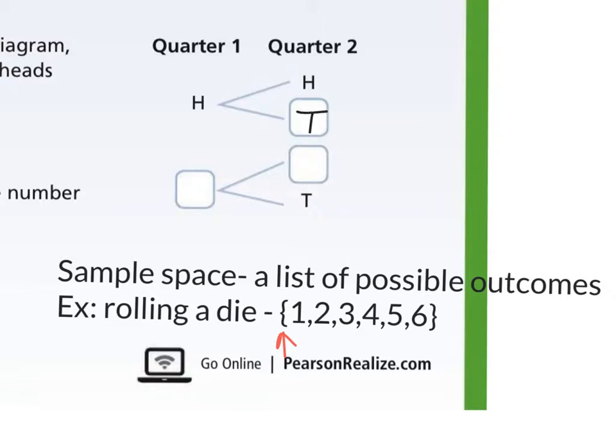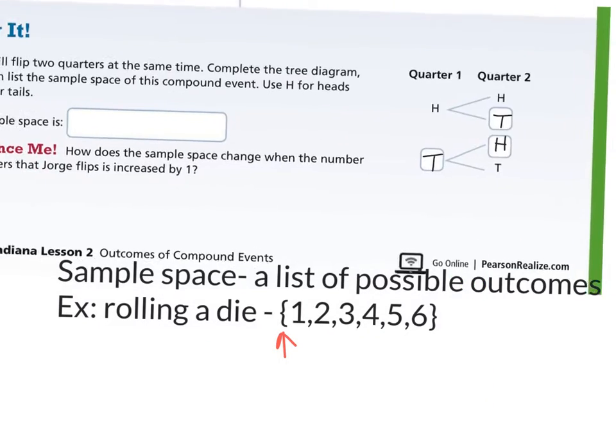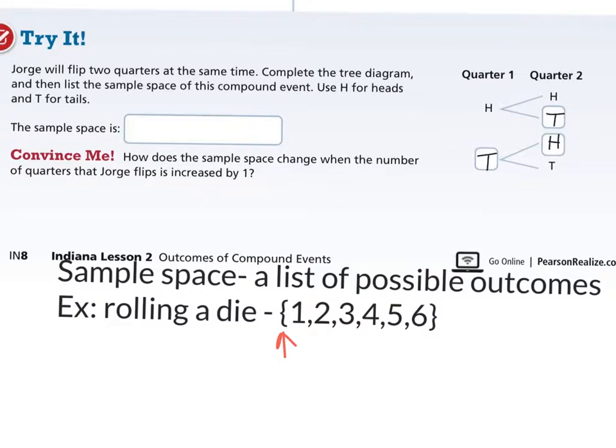Another possibility, our first quarter could have been tails, and then off of that we could have had tails or heads. So we can see the different routes here. We've got 1, 2, 3, 4 different routes, which means my sample space should have 4 different things. The sample space is just looking at the different routes.